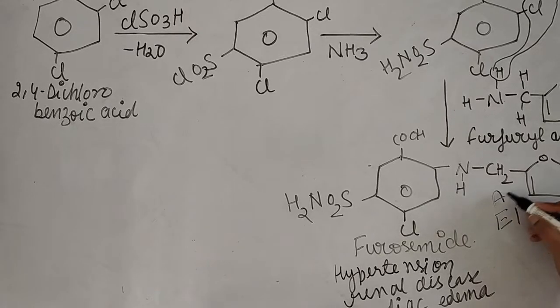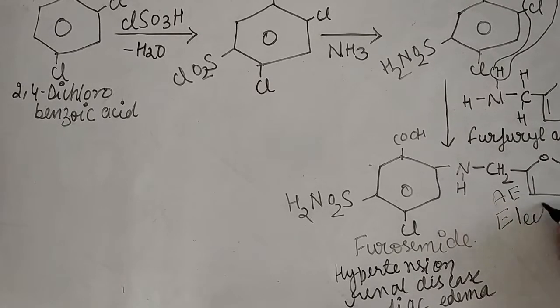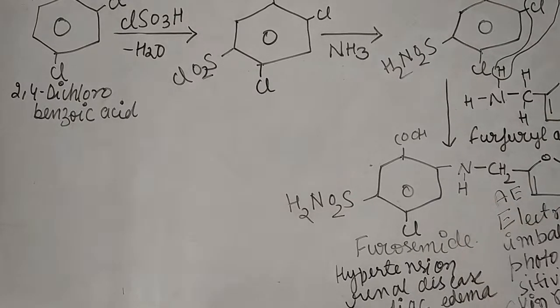The adverse effects of furosemide or the high ceiling loop diuretics are electrolyte imbalance, photosensitivity, and sometimes skin rashes. So this is the medicinal use: hypertension, renal disease, cardiac edema, and congestive heart failure. And these are the adverse effects for high ceiling loop diuretics: electrolyte imbalance, photosensitivity, and skin rashes.